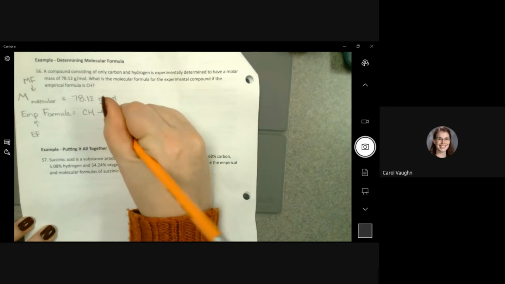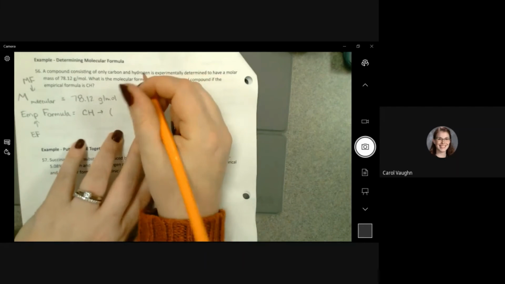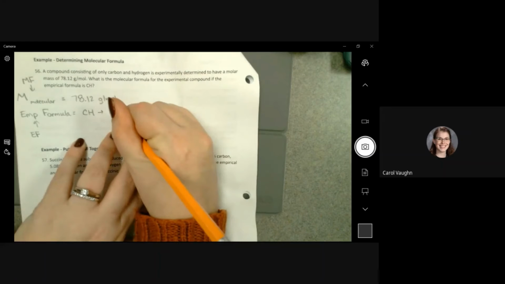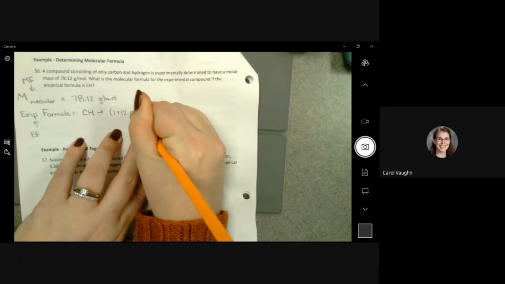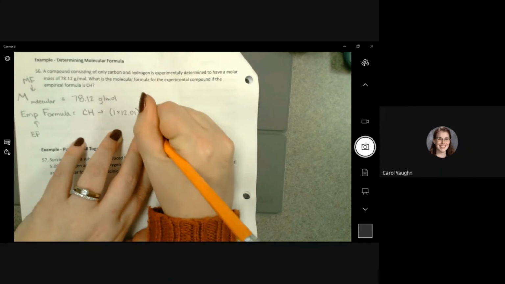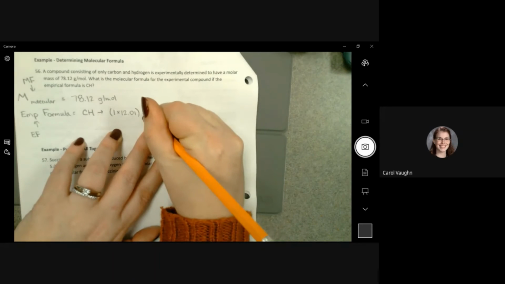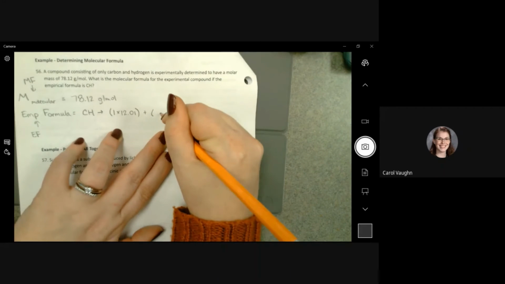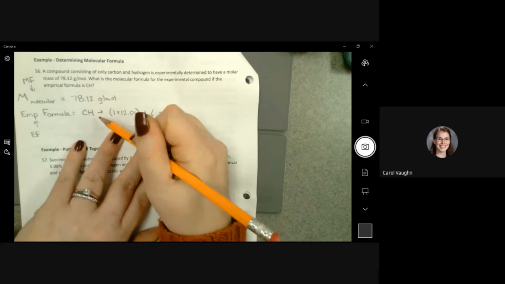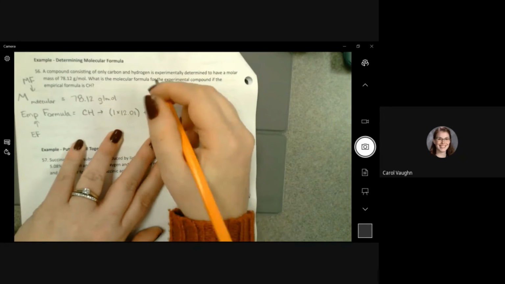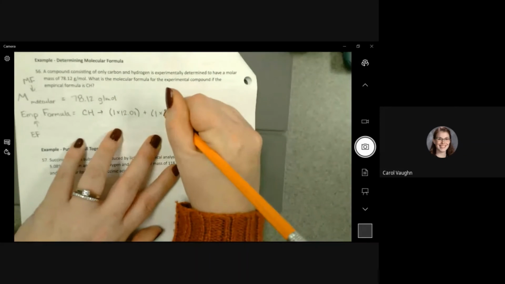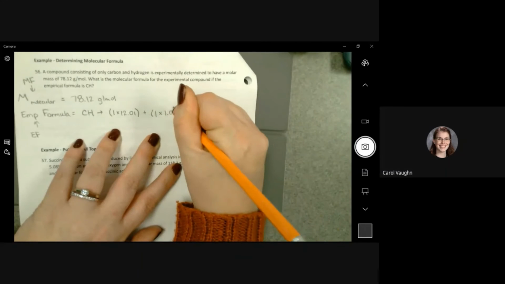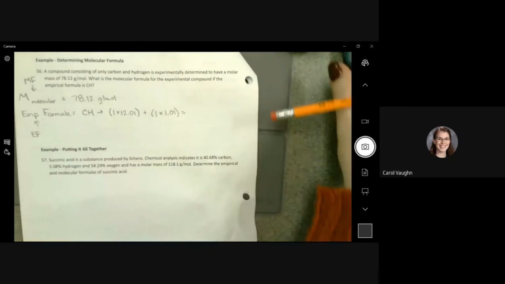So how many carbons do I have in my sample? 1. We know the molar mass of carbon, if we had a periodic table and we're looking at it, is 12.01. Then we're going to add to that our hydrogens. And there's no number there, so we also know that that's 1, multiplied by its molar mass.